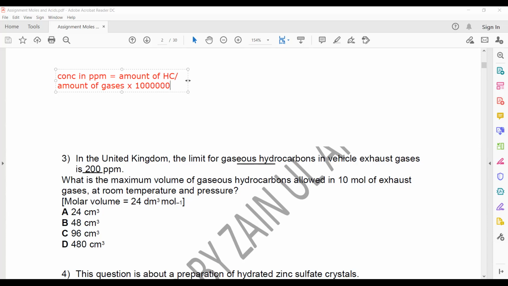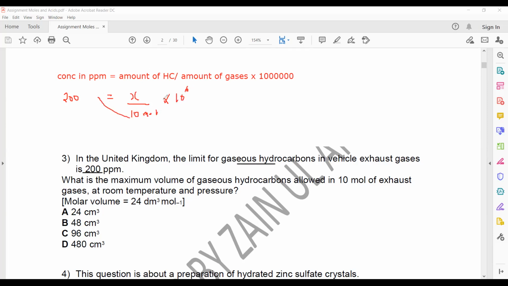The concentration in ppm is 200. The amount of hydrocarbon which is present we don't know, so x is unknown. The amount of gases, its mole is given, so 10 mole, multiplied by 1 million.